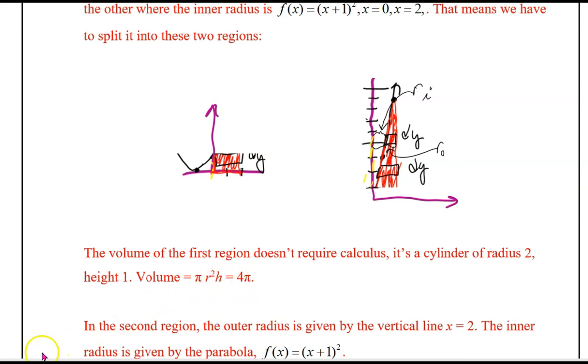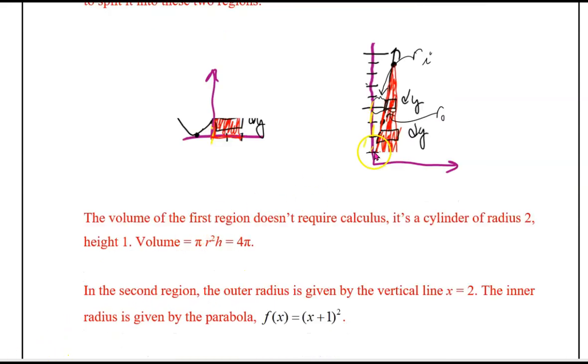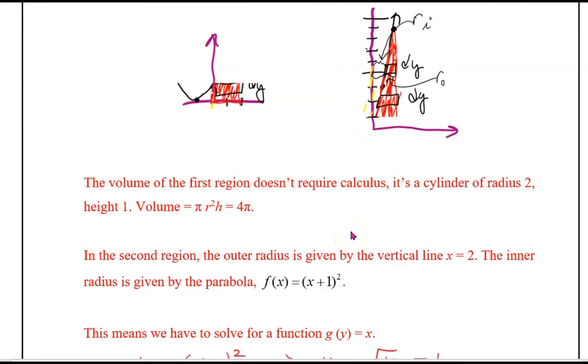Let's look at the second region. In the second region, starting here at height y equals 1 and going up here to height y equals 9, you'll notice that the inner radius does not touch the axis of revolution, which is the y-axis. Now what we need to do is compute again the inner radius and the outer radius. The inner radius goes between the y-axis and the parabola x plus 1 quantity squared.